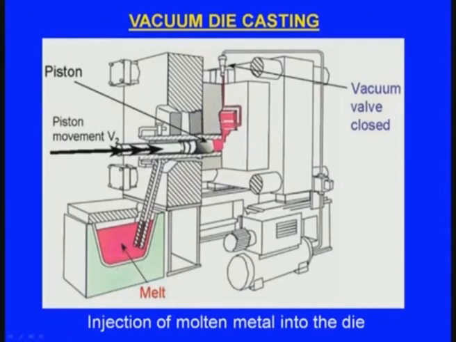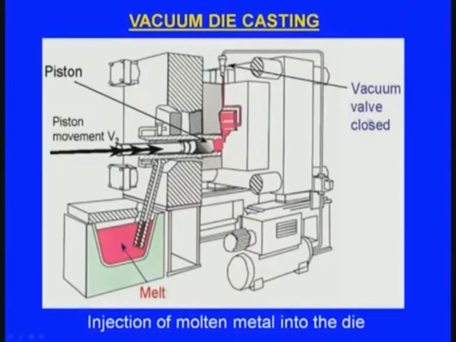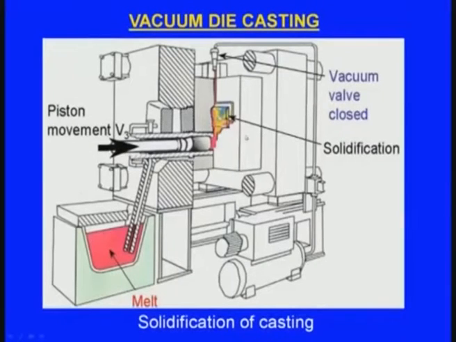Here there is a piston. This piston will be moving forward, and it causes pressure, and the molten metal will be injected into the set of dies. Here the vacuum valve is closed. Next, there will be solidification. The component will be solidified, the casting will be solidified.